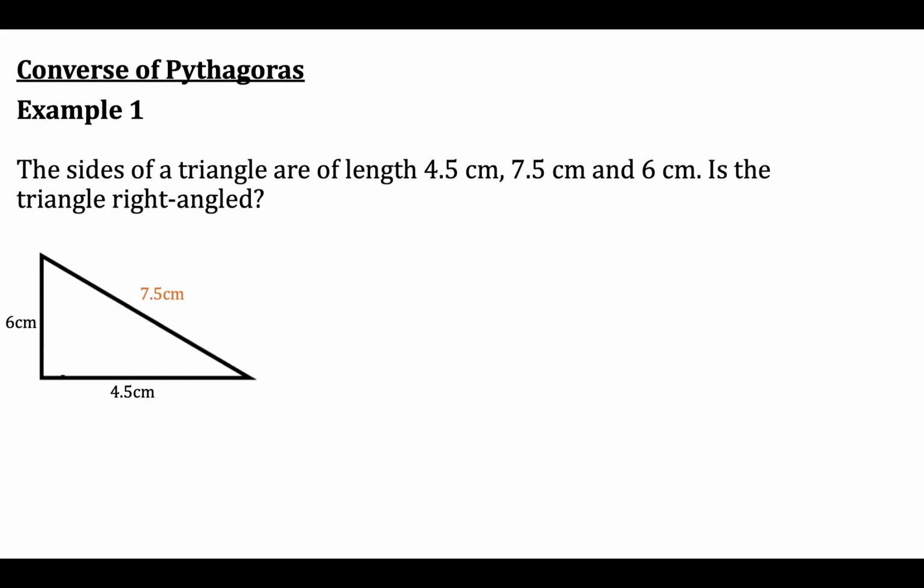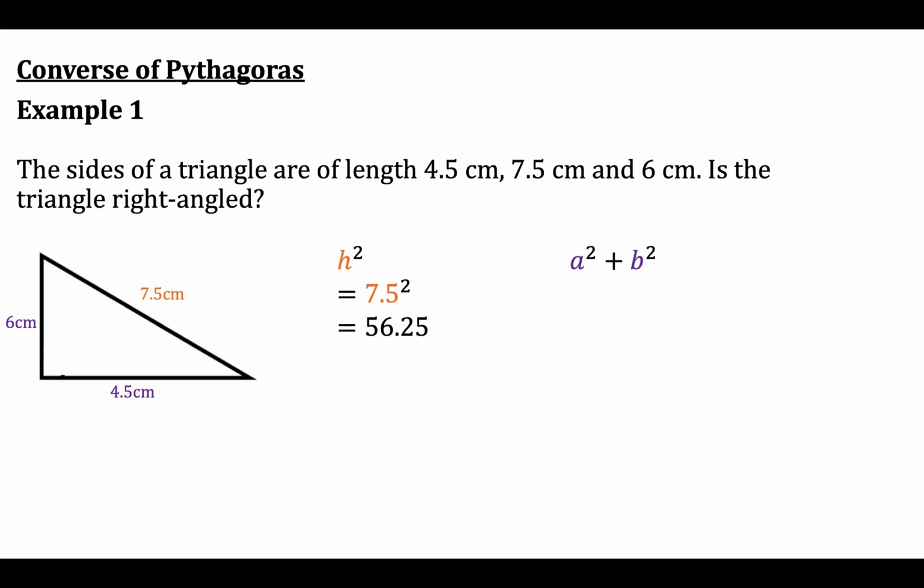So if we look at our hypotenuse first, or what would be our hypotenuse if this triangle was right angled, and if we square our hypotenuse, so square the 7.5, that gives us 56.25. Now let's examine what happens with the other two lengths.